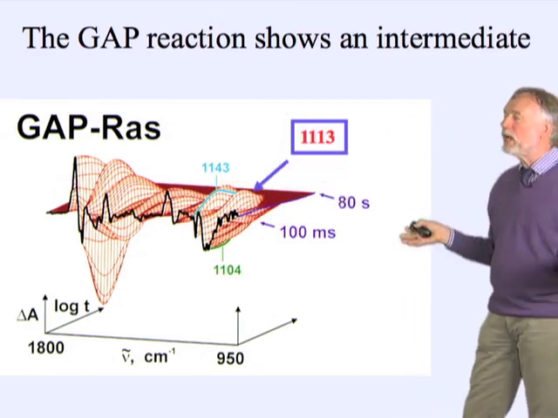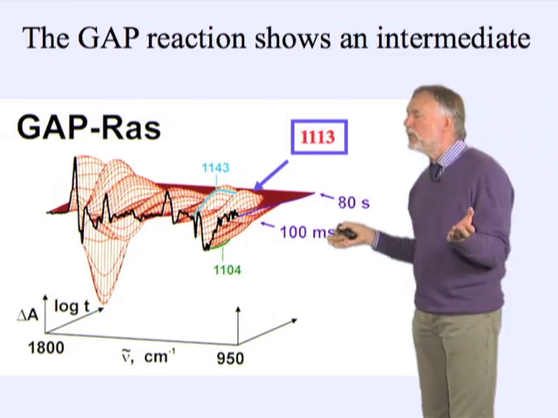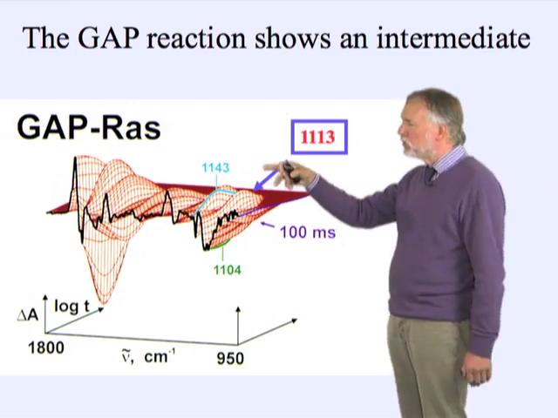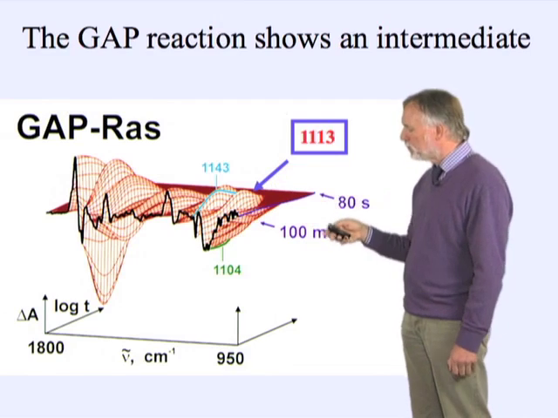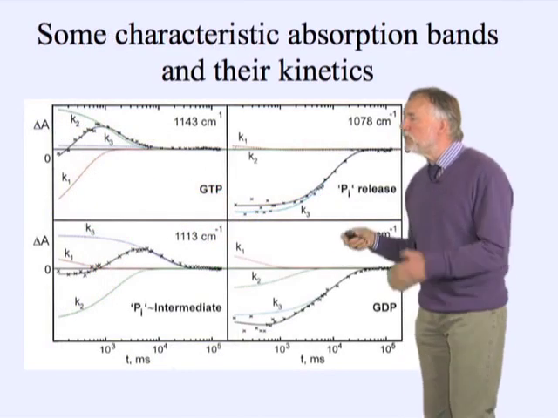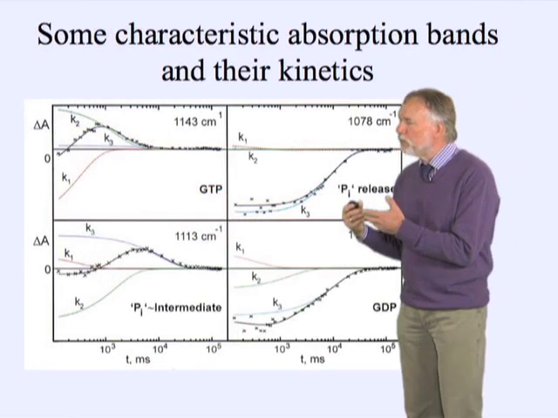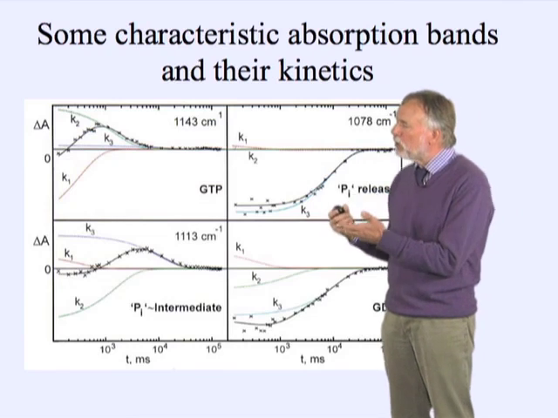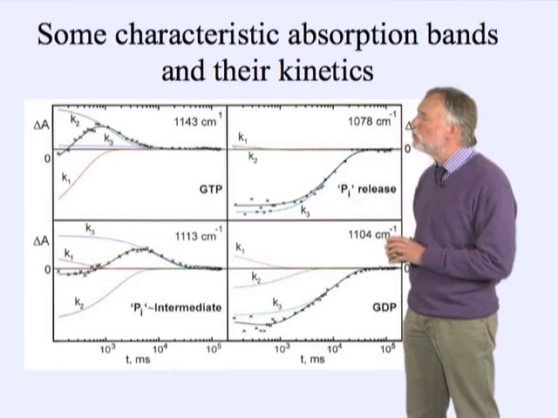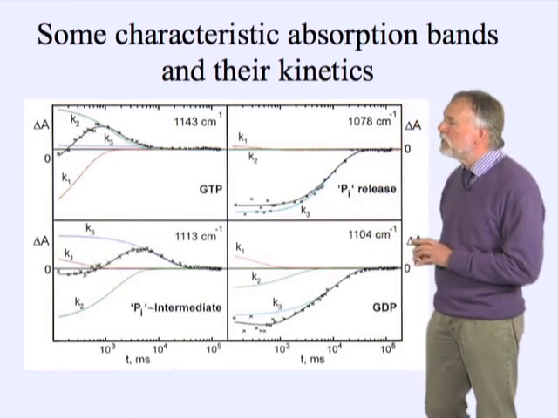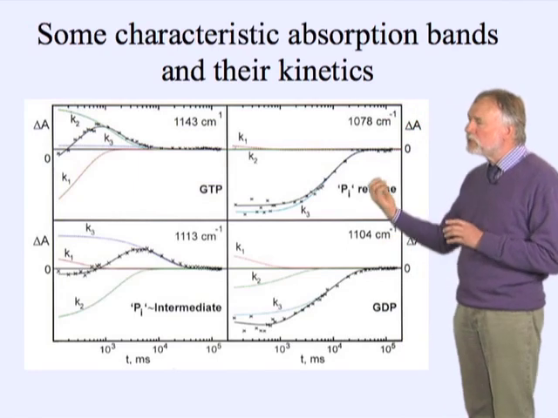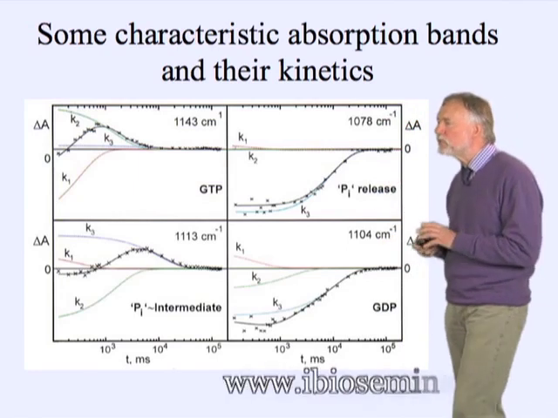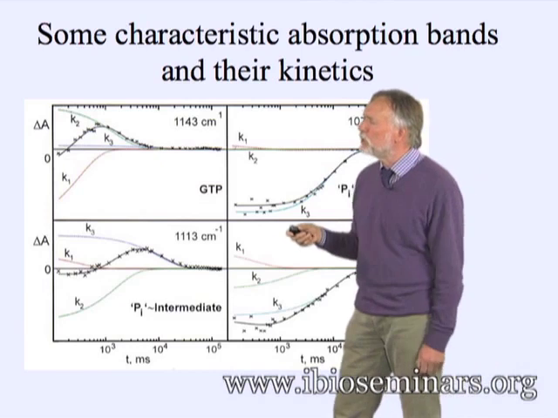So you have to analyze what each band is doing. We have developed techniques, or our colleagues at the University of Bochum with whom we collaborate have developed techniques, to find out what each frequency, what each absorbance change, is due to.